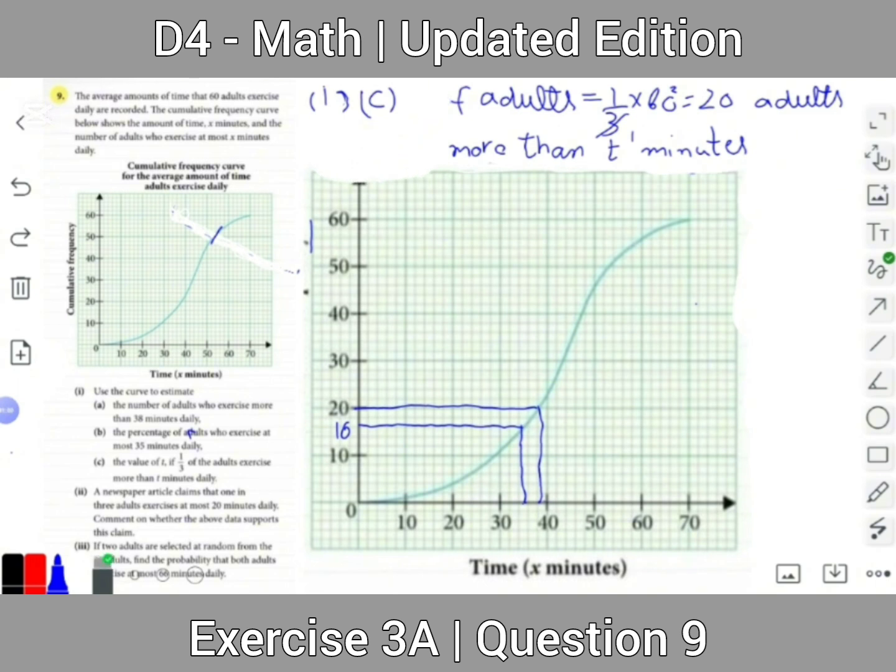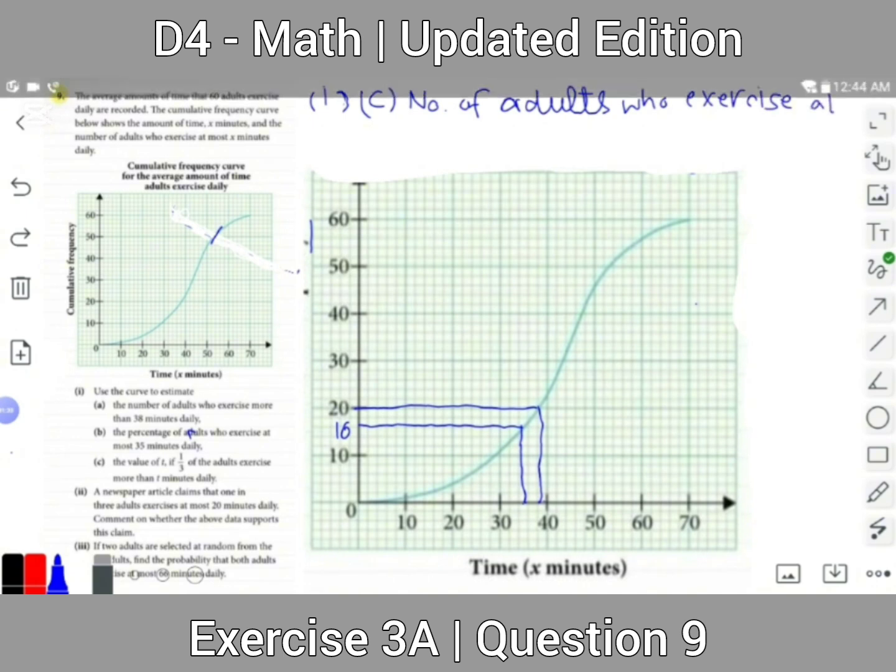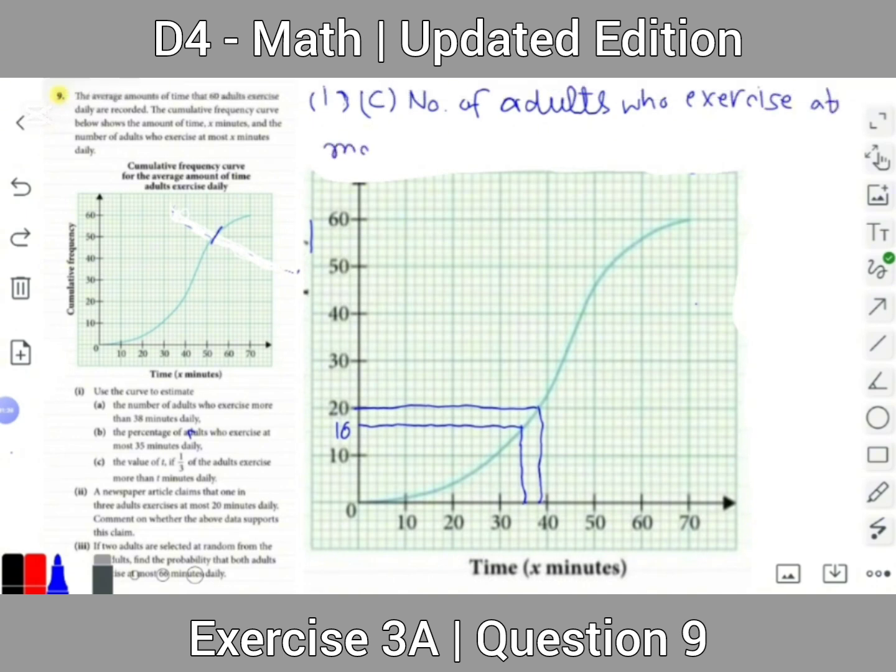So for this, the number of adults who exercise at most t minutes daily is equal to the total number of adults, which is 60, minus the number of adults who exercise more than t minutes daily.